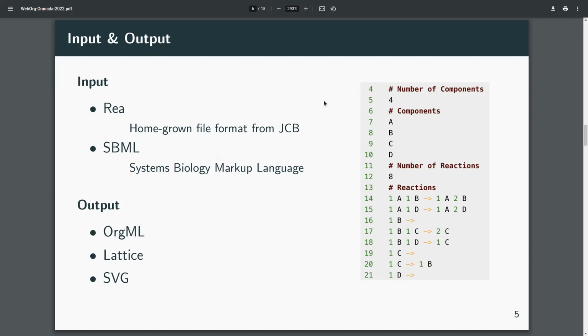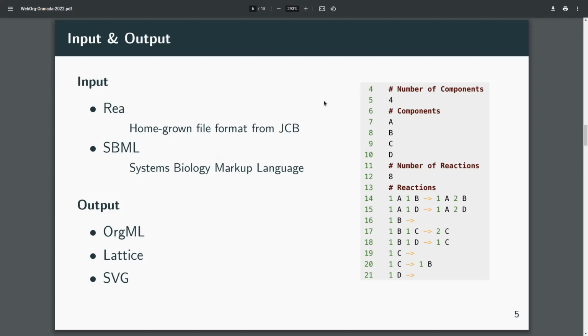However, it needs an SBML or a REA file with the orgml file to recreate the saved file, the saved organizations. But that's not a problem of Weborg itself, but a problem of the implementation before. That could be changed in the future.